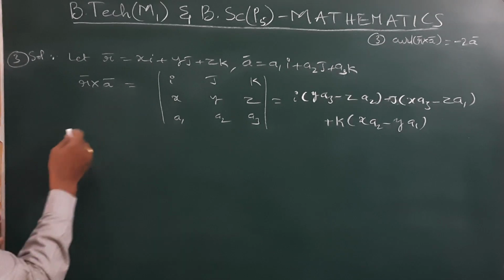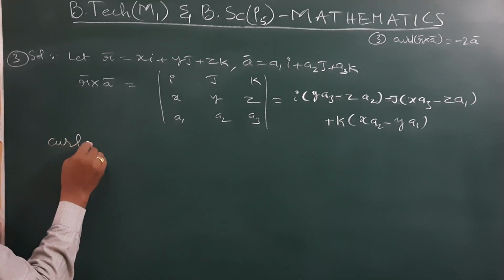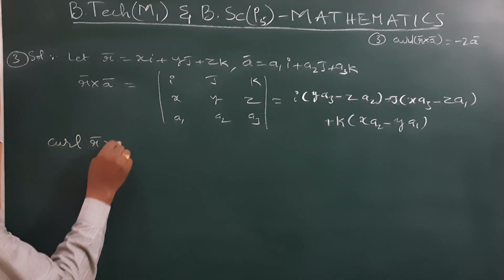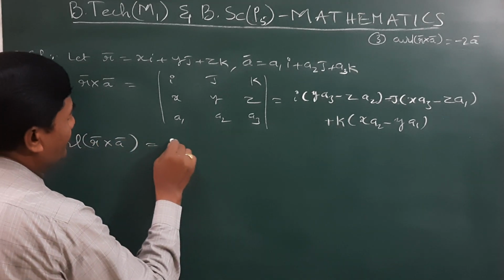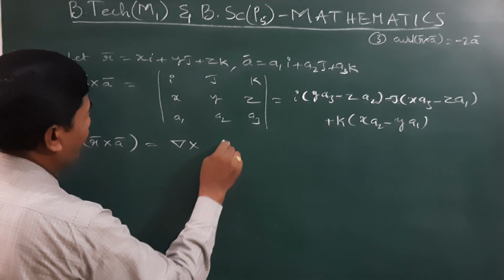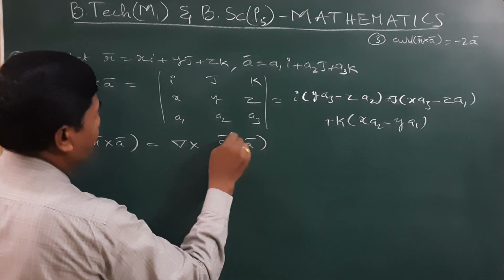Now coming to this one, curl of r bar cross a bar. This means del cross (r bar cross a bar).